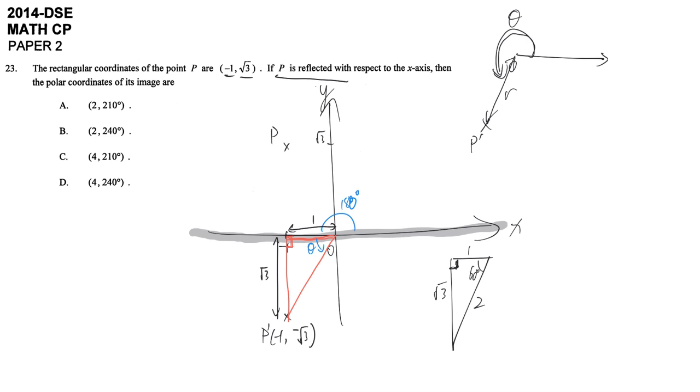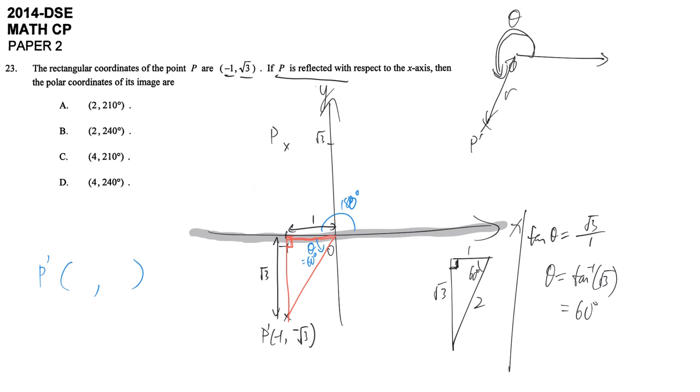In full format, you write down tan theta is equal to opposite over adjacent, square root 3 divided by 1, and then you use your calculator, arctan of square root 3, then you get 60 degrees here. So now we know this one is equal to 60 degrees. That means our polar angle is 180 degrees, and then rotating an extra 60 degrees gives 240 degrees.